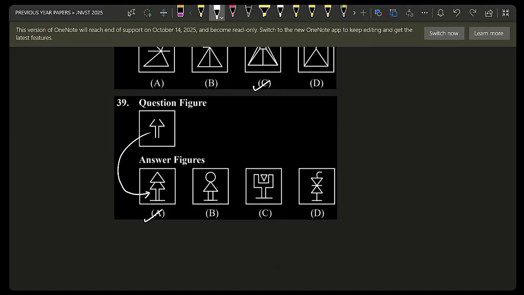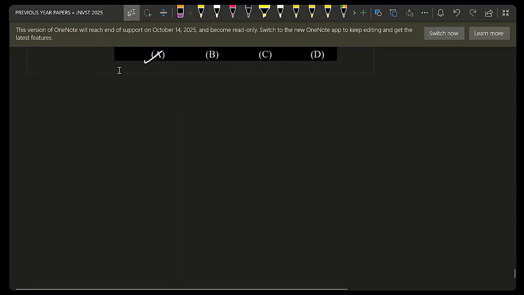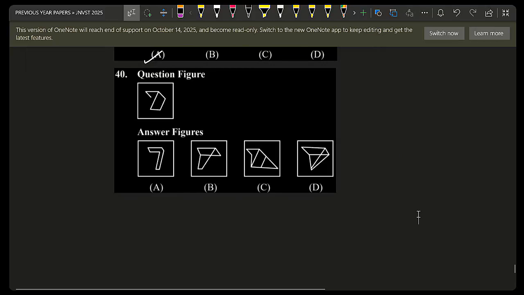And last question, mental ability. Yes, this one.